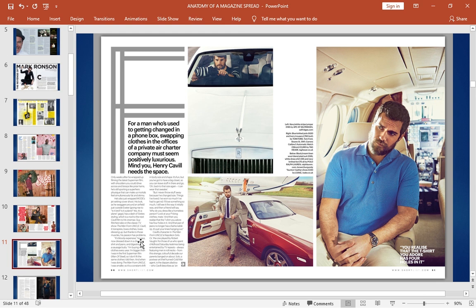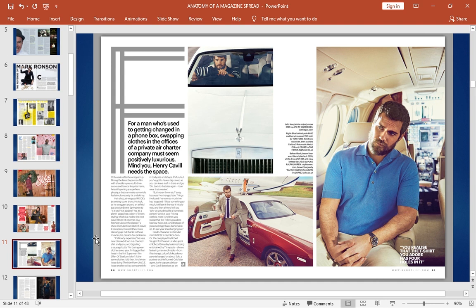Now let's also talk about what we call the pull quote. You see this over here, it's called the pull quote. Sometimes the pull quote is taken from the story. You can see, you realize that the t-shirt you adore has 4 holes in it. You see the way he has made his face. So that's the pull quote.